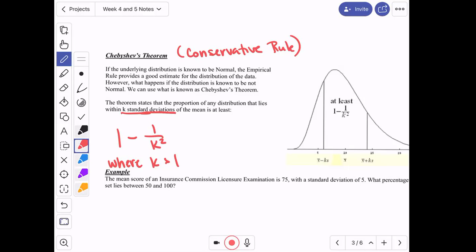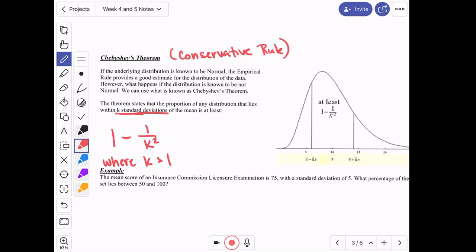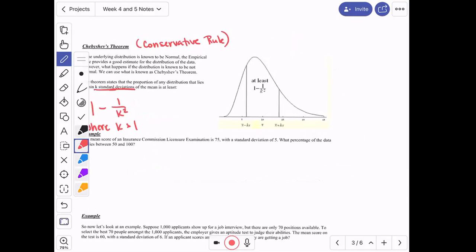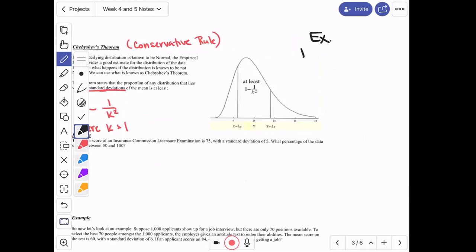So an example would be, for instance, if I tell you that k is equal to 2, the formula says you do 1 minus 1 over 2 squared. That'll give you the percentage of values that fall within 2 standard deviations.